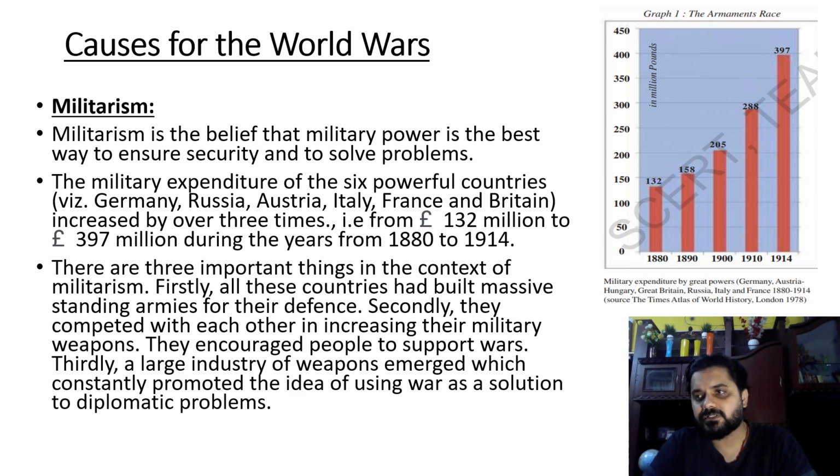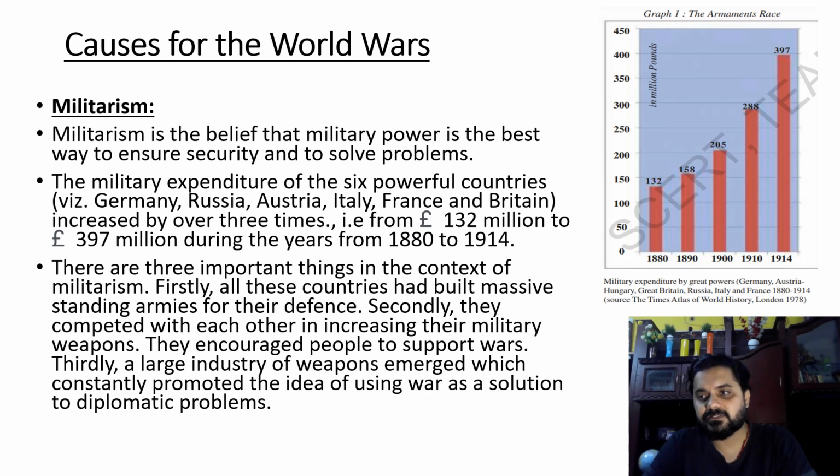Here in this picture, you can see that the military expenditure of great powers like Germany, Austria-Hungary, Great Britain, Russia, Italy, and France is increasing rapidly. If you observe the graph carefully, you'll find that the military expenditure increased to almost three times during the years from 1880 to 1914.